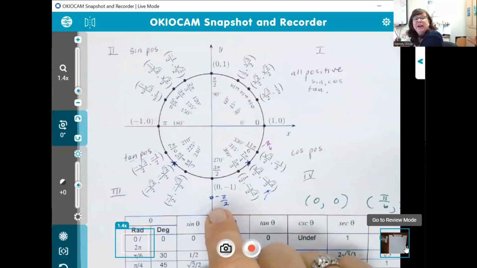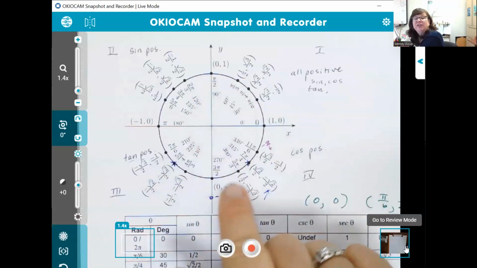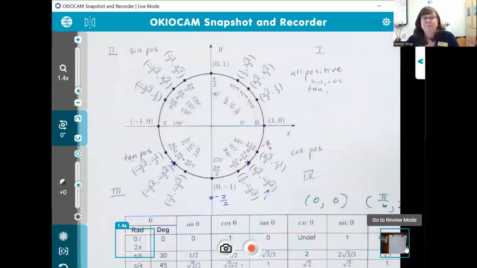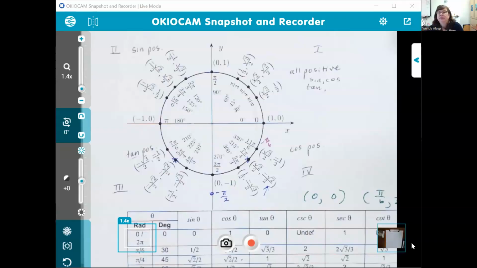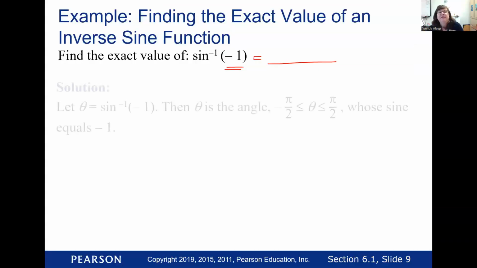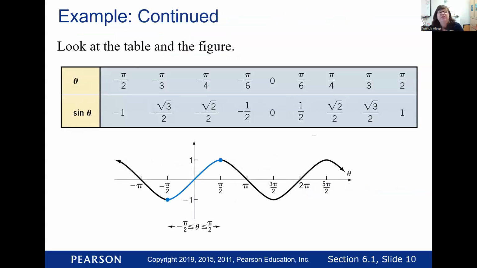At negative pi over 2, the sine is -1, and that is within the scope of where I can do this. They go through a long explanation, but it was right there. Negative pi over 2. All righty, let's try another one.